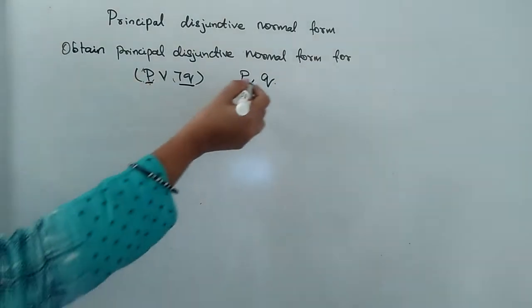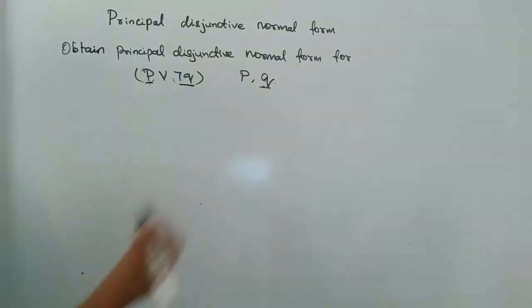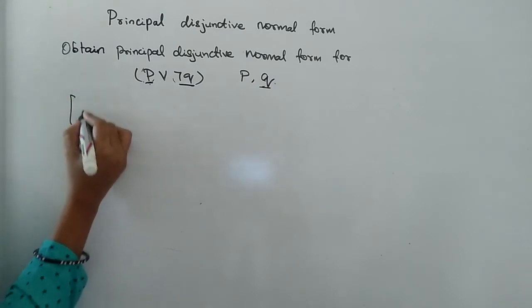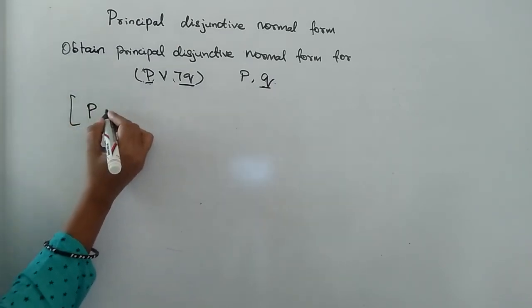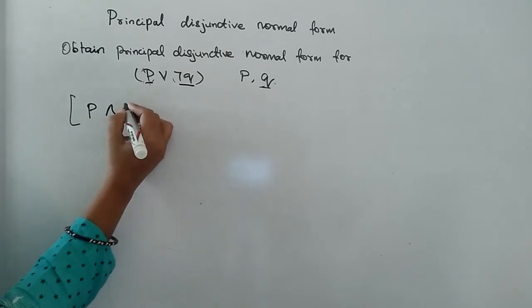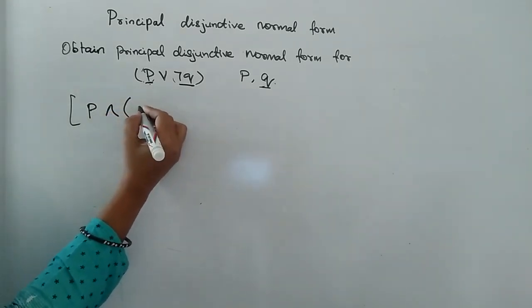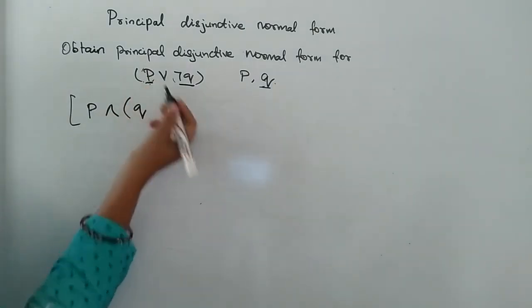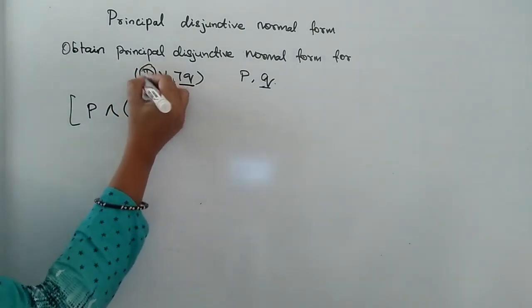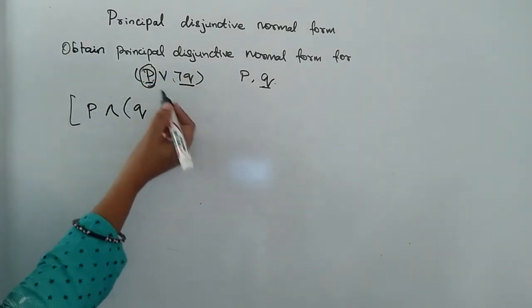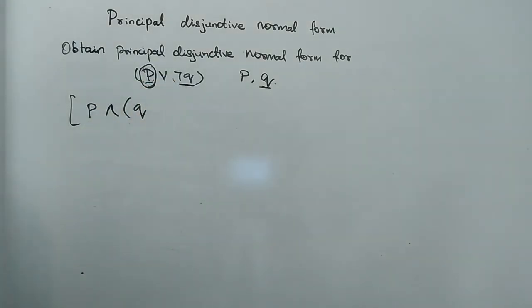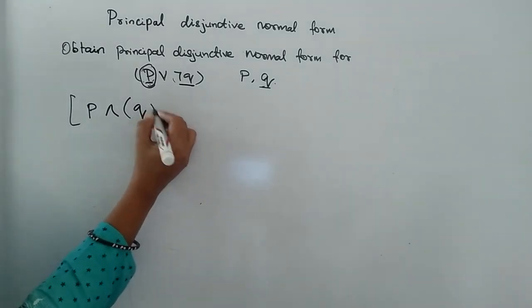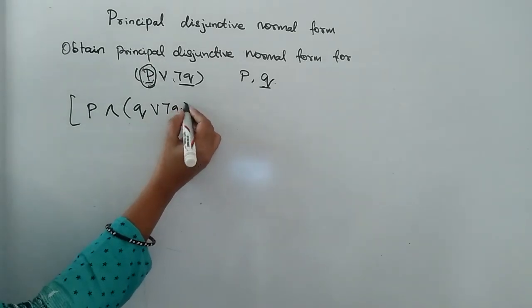I should include one more variable, Q. So in order to include that, what I am going to write here is P and, and what I am going to do here is Q. The variable which is not available in this term is Q. I have the variable P, I am not having the variable Q. That's why here I am going to introduce Q or negate Q.